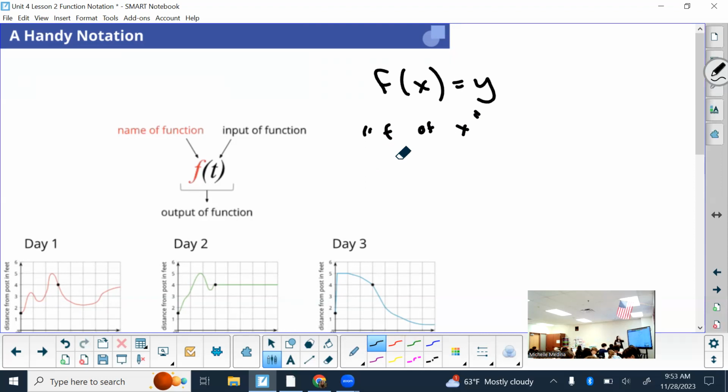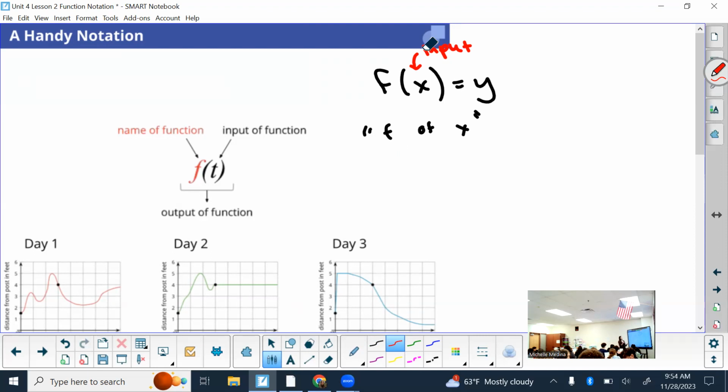The way that this works is the very first part, the part that's outside the parentheses, is your name of the function. So function f is what this one would be. X is always your what of a function? Input or output? Input. So your input always goes in the parentheses for function notation. And sometimes they just leave it at that. They'll say, find f of 60.